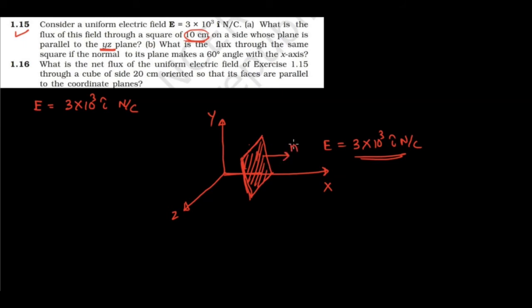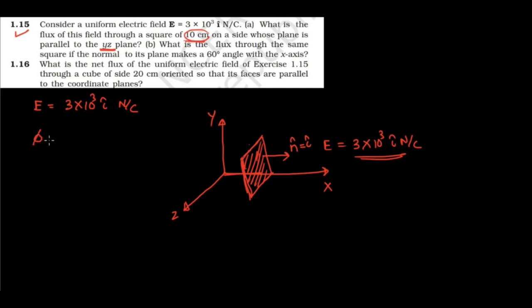This is the area vector n cap. Remember that if a plane is parallel to the YZ plane, then the area vector will be along the x-axis, or I can write n cap is equal to i cap here. Is that clear? n cap is equal to i cap because it is parallel to the x-axis. So we have to find the flux through this surface or through this square.